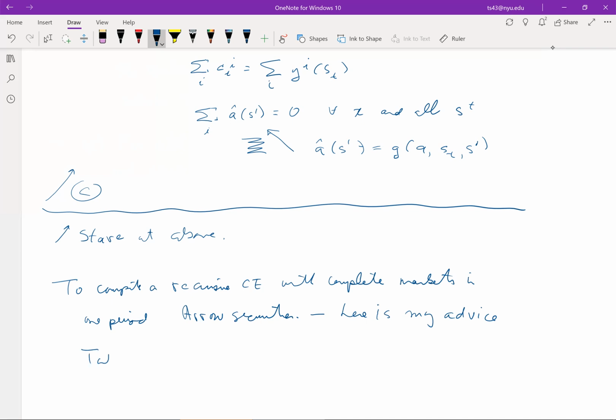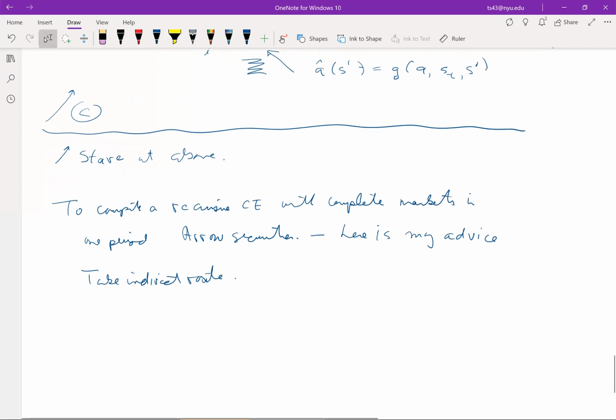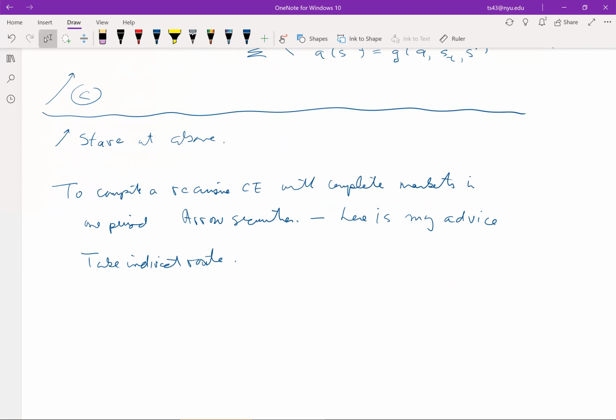Take an indirect route and use some of the findings that we have above.